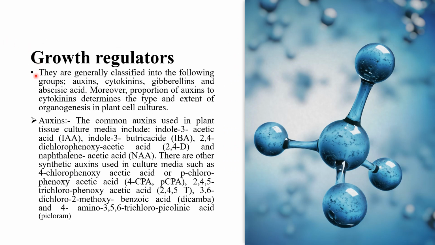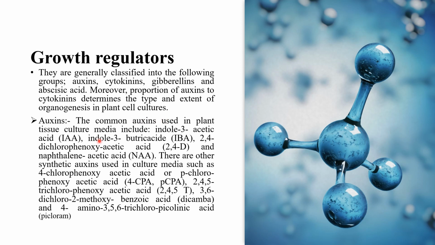Now come to the growth factors. They are generally classified into the following categories: auxins, cytokinins, gibberellins, and abscisic acid. Moreover, the proportion of auxin to cytokinins determines the type and extent of organogenesis in the plant cell culture.